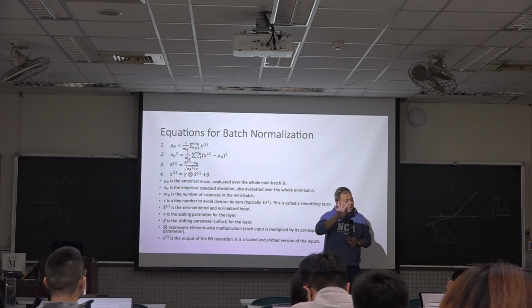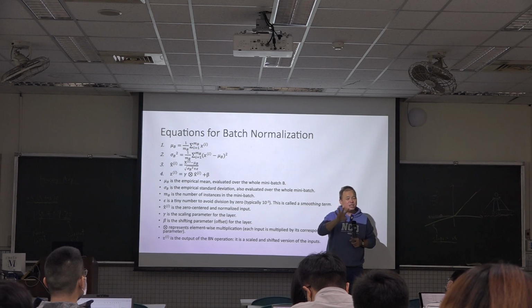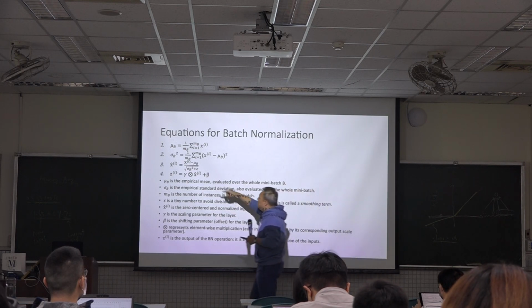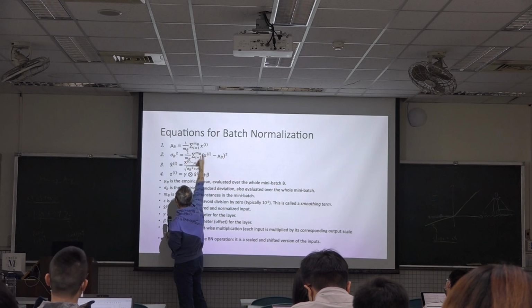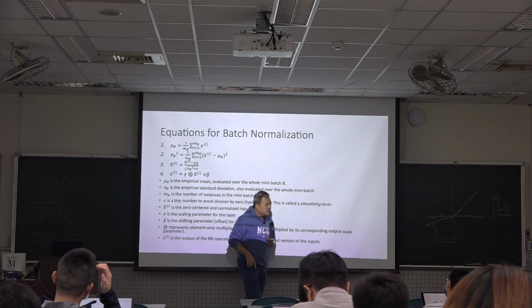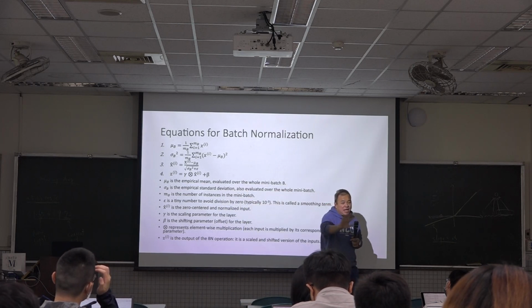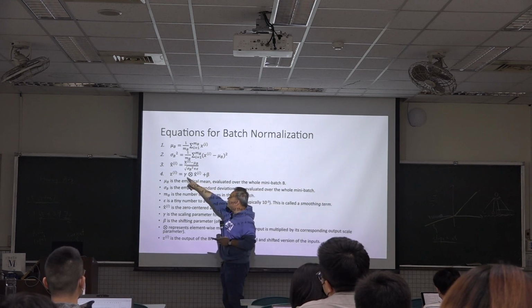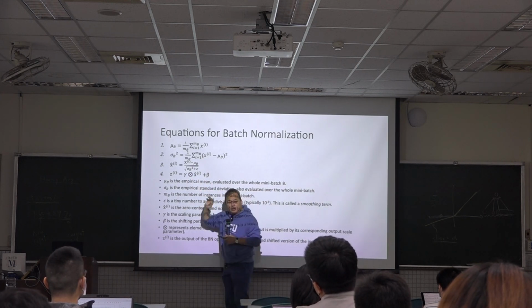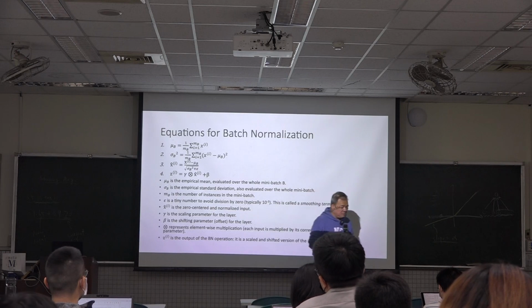But these 4 parameters are not all learnable, because the mu and the sigma are computed from the batch instances, right? So they are not learnable. Of course, gamma and beta are learnable, but mu and sigma are not.